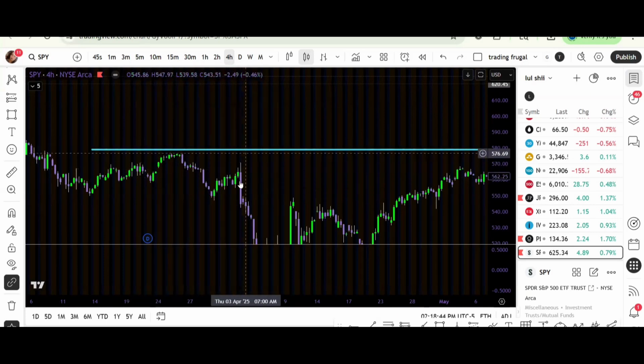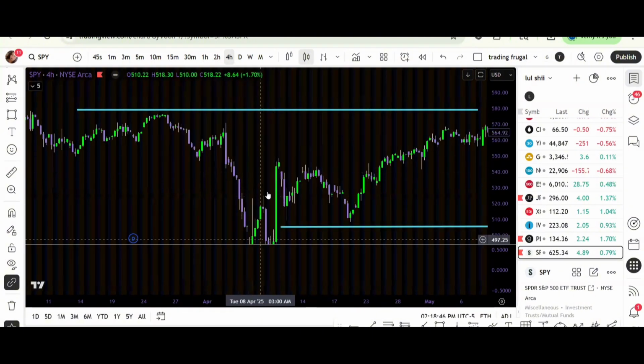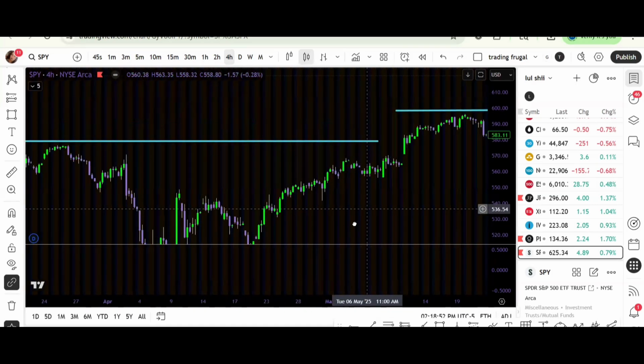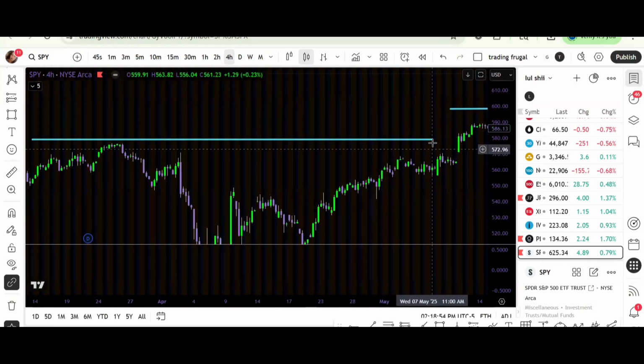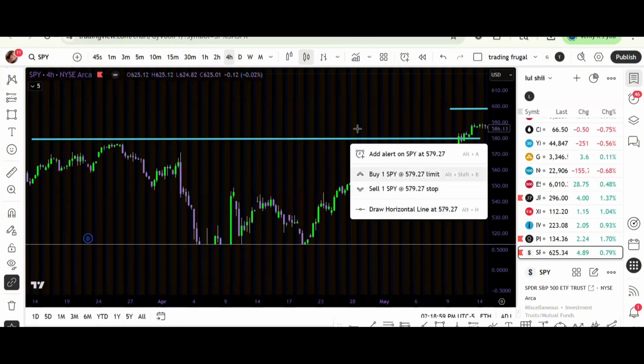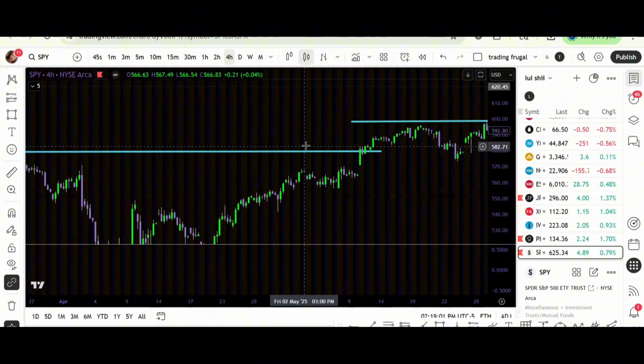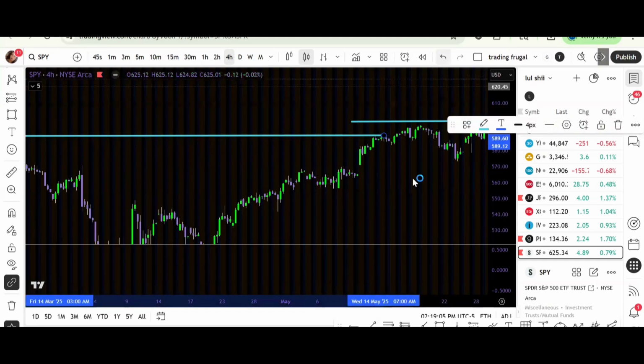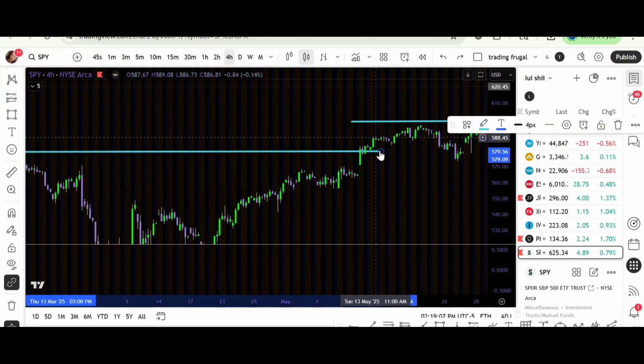Came down, tried to go up again, got knocked down. Just kept doing it. Got a little more strength, came up again. Price just keeps doing the same thing. Finally got some strength to break the resistance.